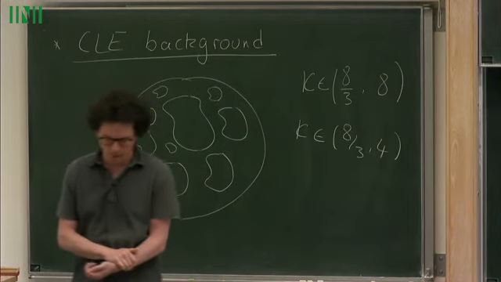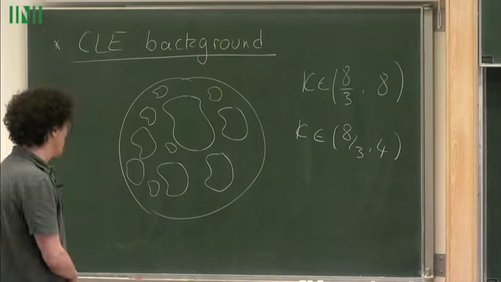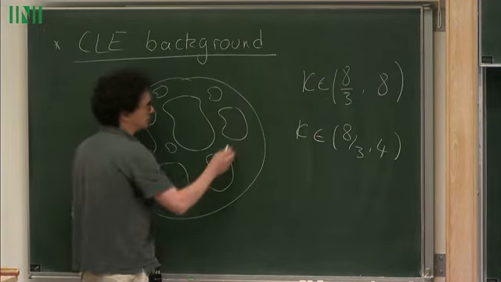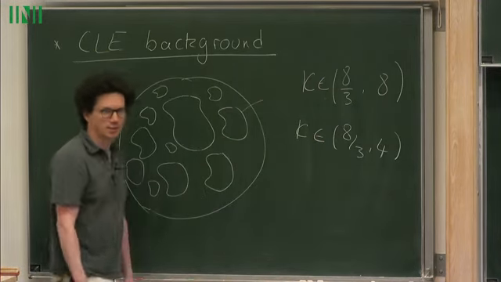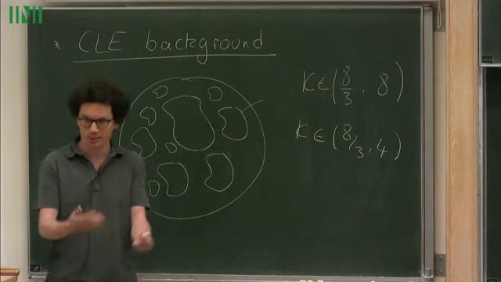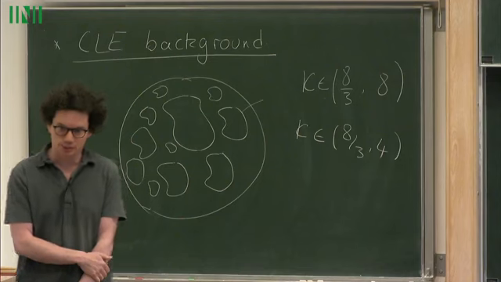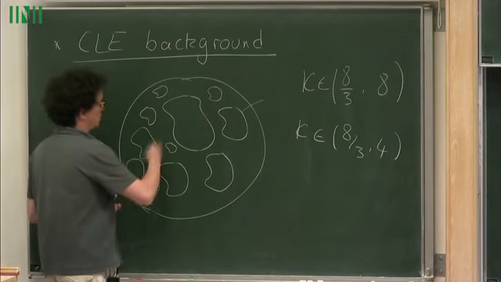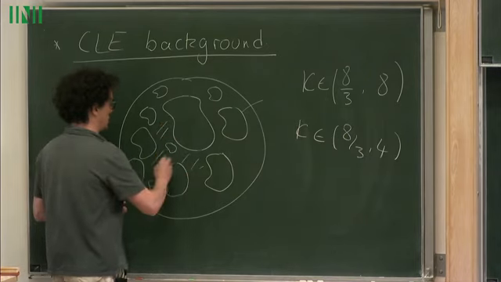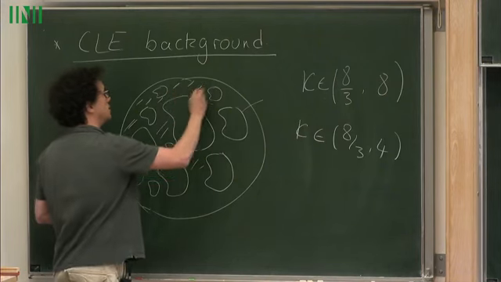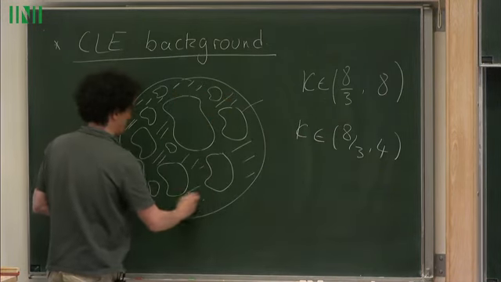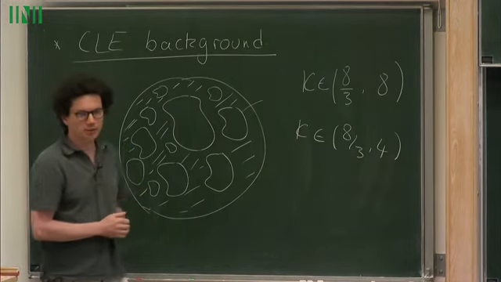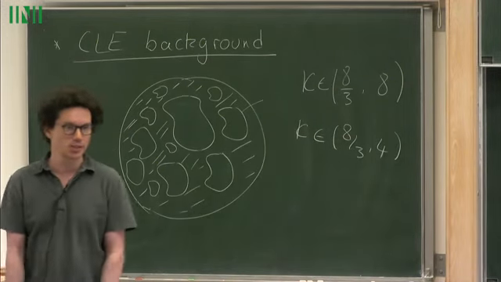Now, the value of kappa comes from the fact that each of these CLE loops is locally like an SLE kappa loop, so it's a fractal curve, and you should bear in mind that what we're calling the CLE carpet is just this thing here that is surrounded by no loop, and that's a random fractal that is a cousin of the Sierpinski carpet.